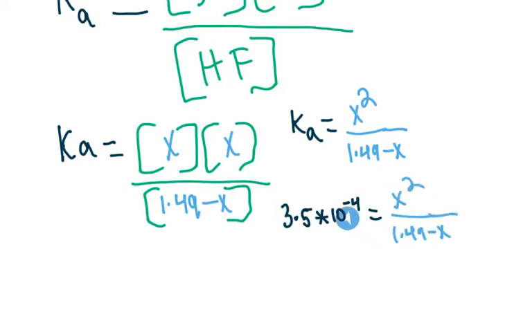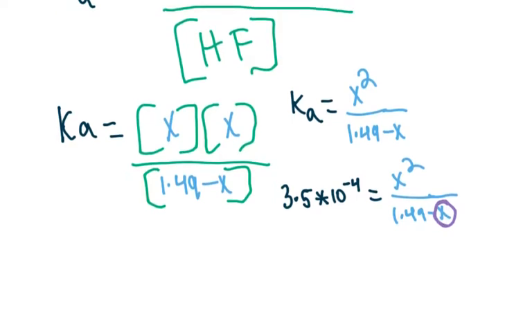Now we could just start solving here and work with the quadratic equation, right? But we don't want that. We want it to be simple, right? So what we could do right here is assume that x in the denominator is a very, very small value, almost close to 0.